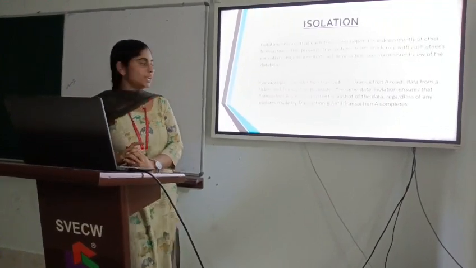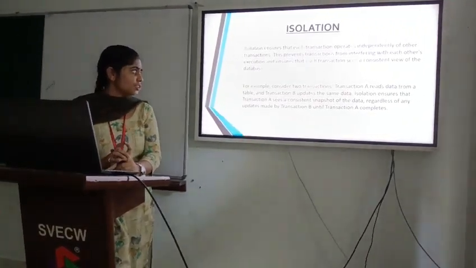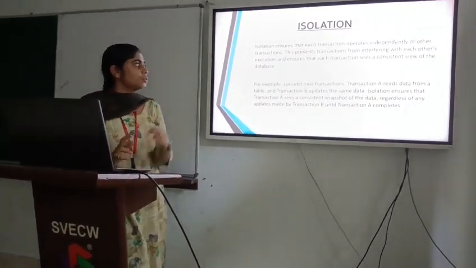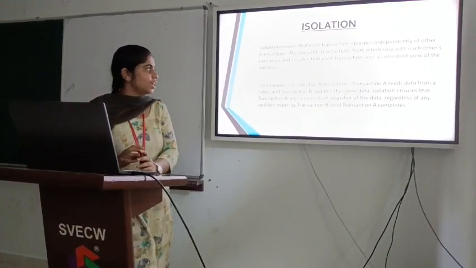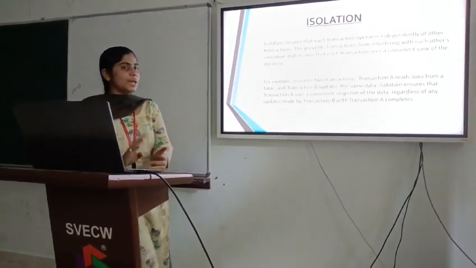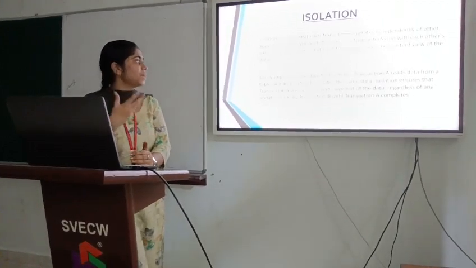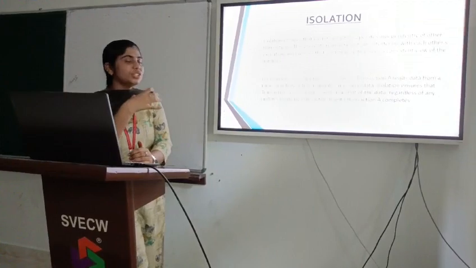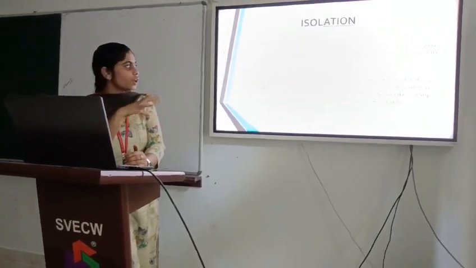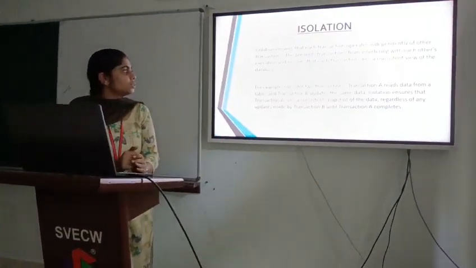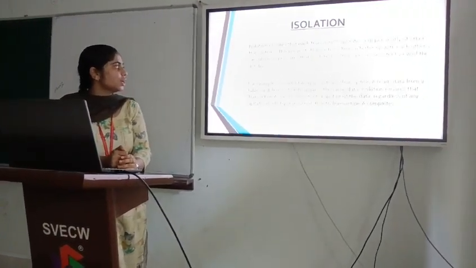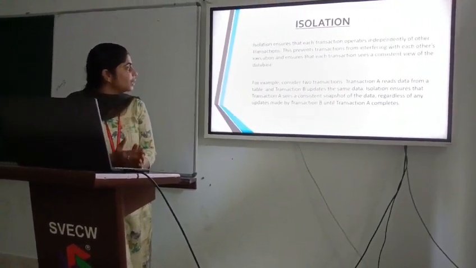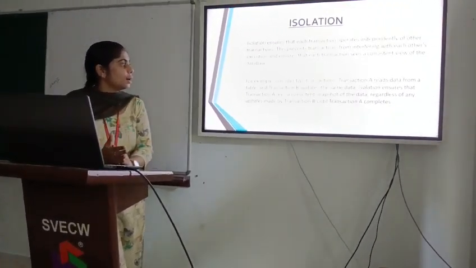For example, consider two transactions. Transaction A reads data from a table and transaction B updates the same data. Isolation ensures that transaction A sees a consistent snapshot of the data, regardless of any updates made by transaction B until transaction A completes.